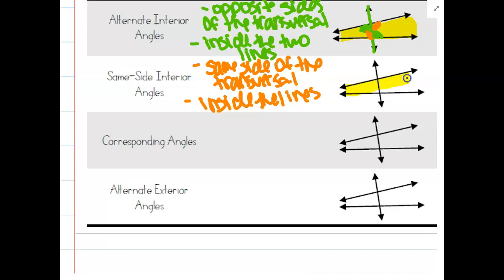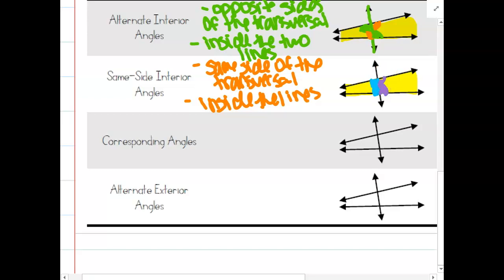So we're still talking about this space here. But now we're talking about the two angles that are on the same side, so either the two angles that are both on the left or the two angles that are both on the right. I know it's kind of hard for me to draw up here.